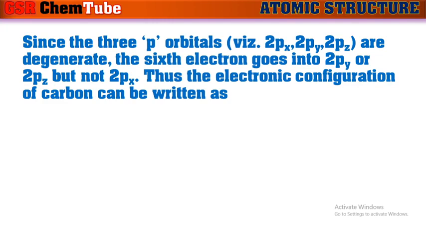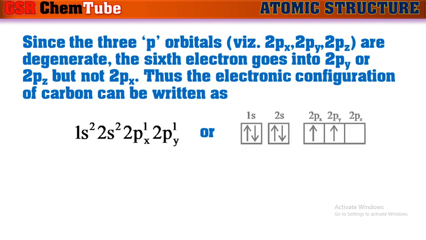Thus, the electron configuration of carbon can be written as 1s2, 2s2, 2px1, 2py1. This also can be represented diagrammatically. Here the fifth electron entered into the 2px orbital, and 2px, 2py, 2pz are degenerate orbitals. That is why the sixth electron, instead of pairing up with 2px, entered into one of the two vacant orbitals, here 2py.